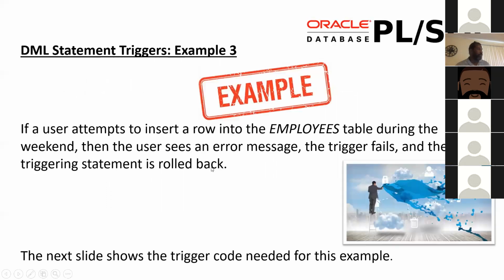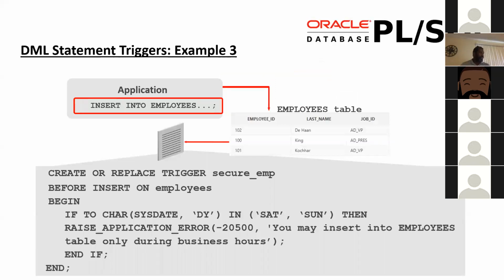The way we would write that trigger looks something like this: create or replace trigger secure_employees before insert. We're checking what the system date is, and then informing the user you cannot insert records into the employees table on the weekend if it's Saturday or Sunday.